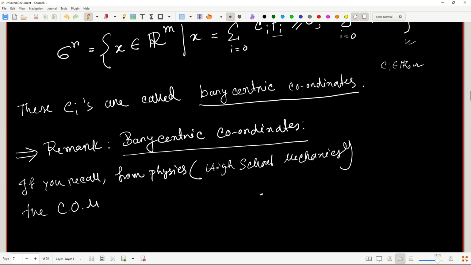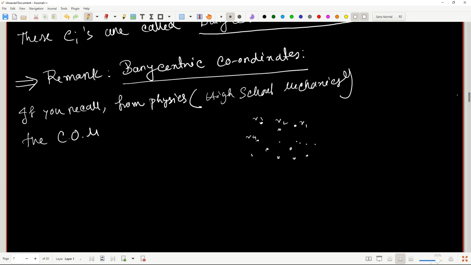let's say you have some mass distribution like this, and let's say this is at a location R1, this is R2, R3, R4, and so on. Then the center of mass, denoted by capital R, is given by MR, where M is the summation of all these small masses, and this is M1R1 and so on.